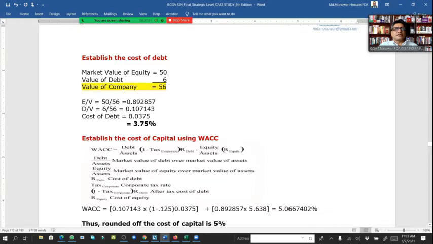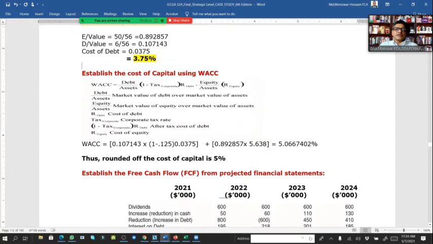So equity divided by total value 56, with equity 50, and debt divided by total value comes to 0.107143. So the cost of debt is calculated as 3.75%.